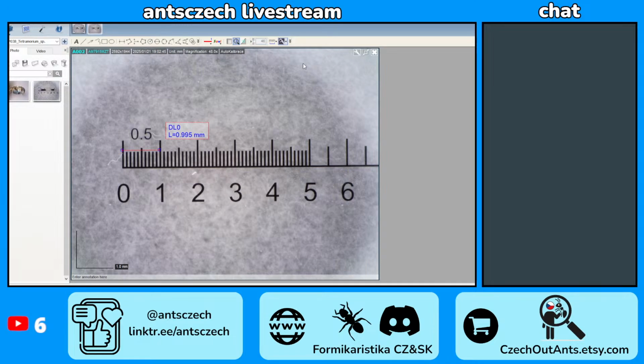I'm not sure. I mean, the German spelling is even way different as well. For example, Lasius niger would be Lasius Niger. Yeah, which is a bit problematic for some people, but then again, it just means black.